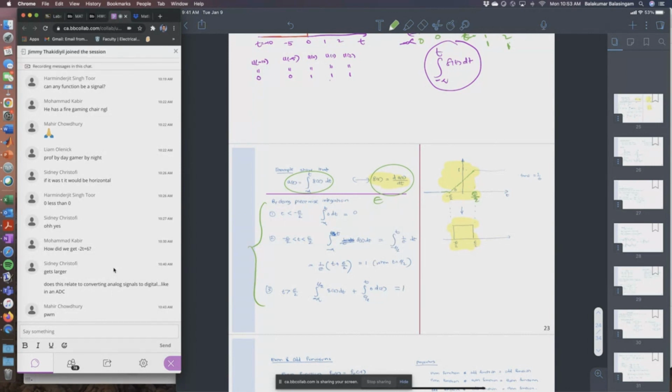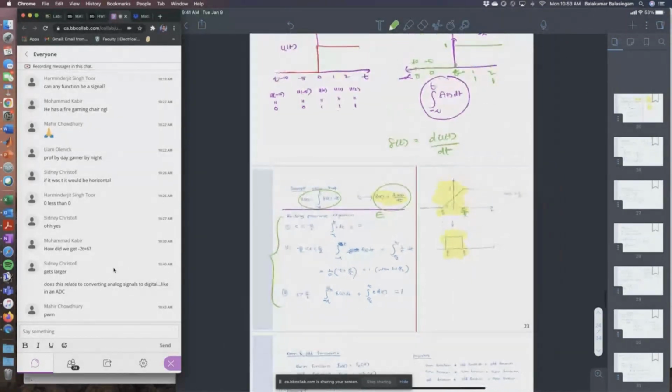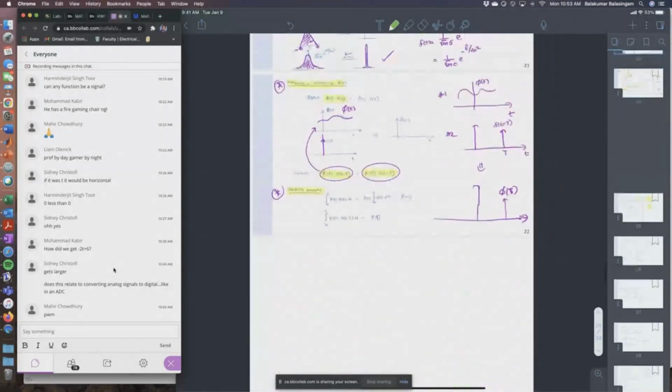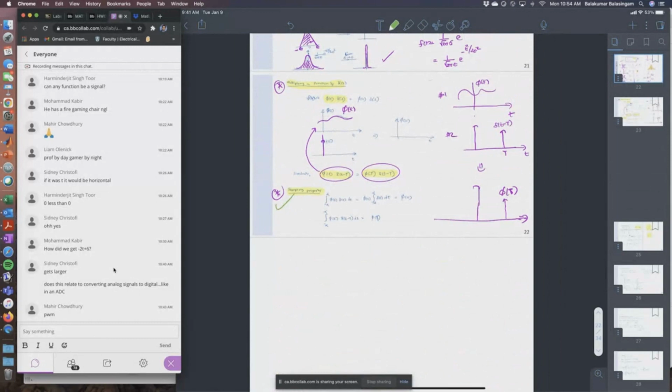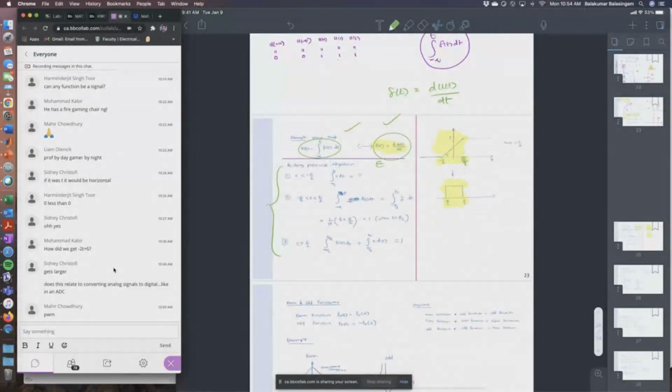That's a very important fact, right? Delta t is du/dt. When we do some signal manipulation, that will be very useful for us. So this sampling property, this multiplication property and this property will be useful for us later.